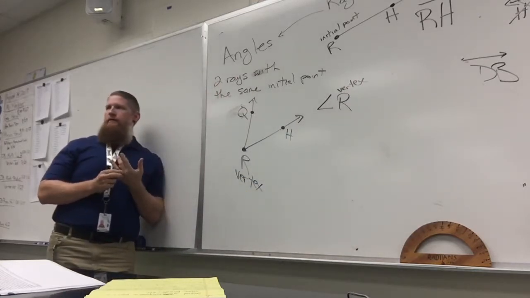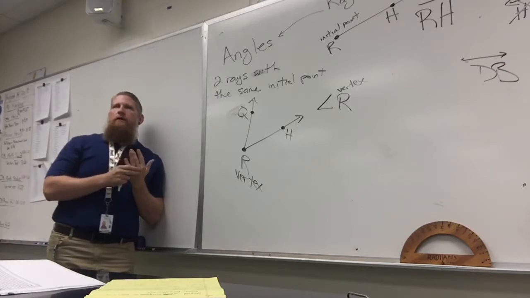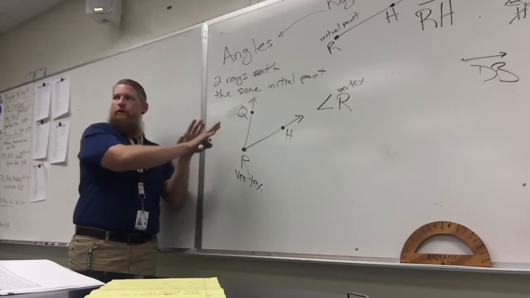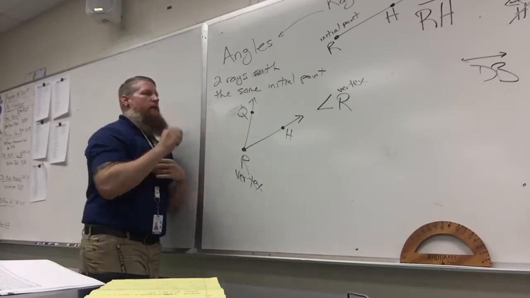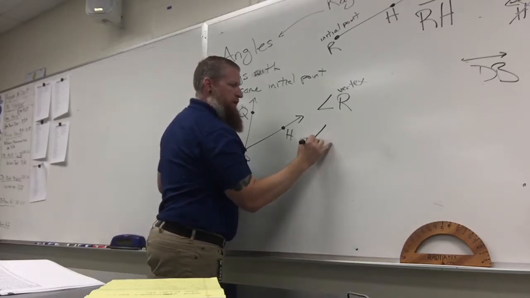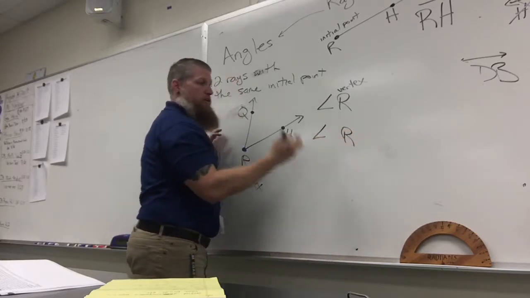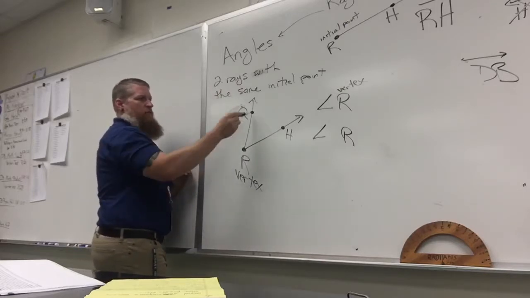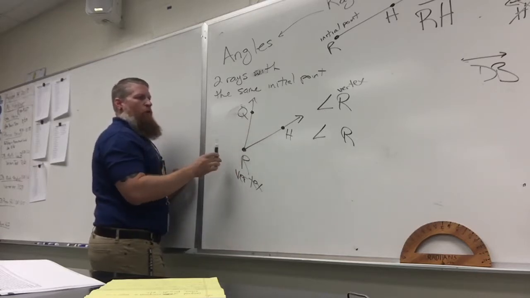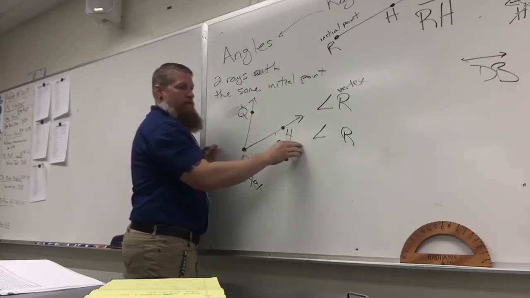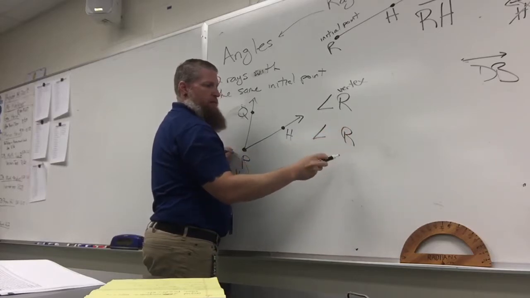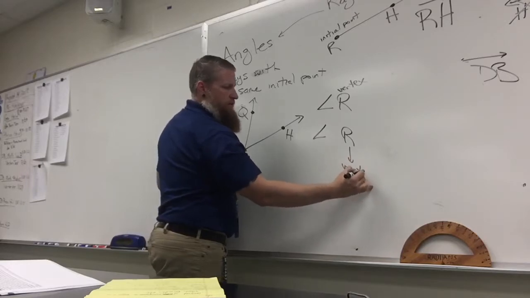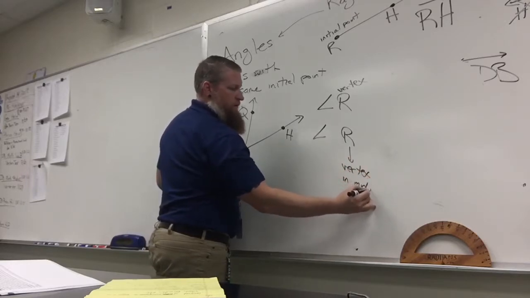The other way to do it, and this is probably the way that I would suggest doing mostly, but keep in mind that the books or tests will identify angles with a single letter, is you still put the vertex in, but it's going to be in the middle. You're going to use 3 letters on this one. The other 2 letters are just the other points on the rays, and it doesn't matter the order of it. The only thing that matters when you do 3 letters, the vertex has to be in the middle.